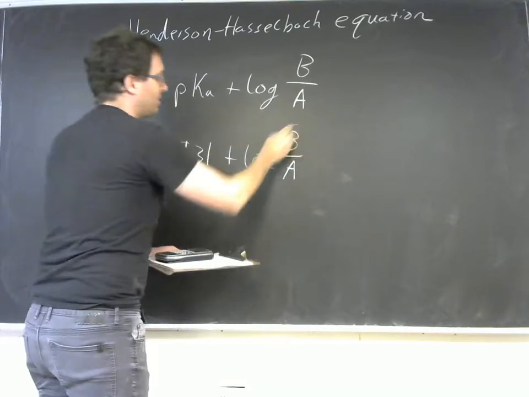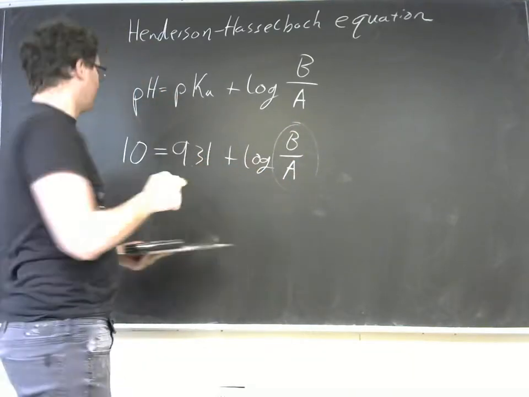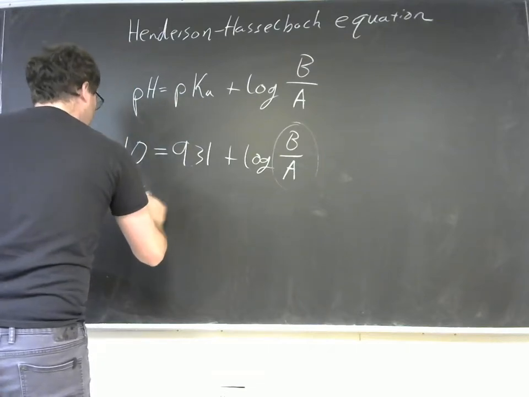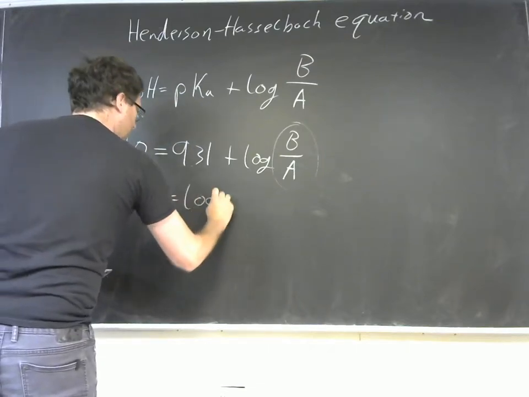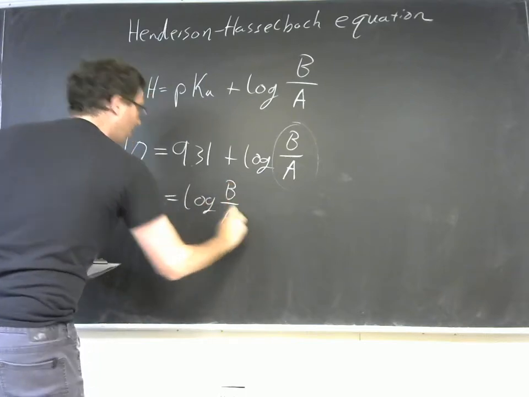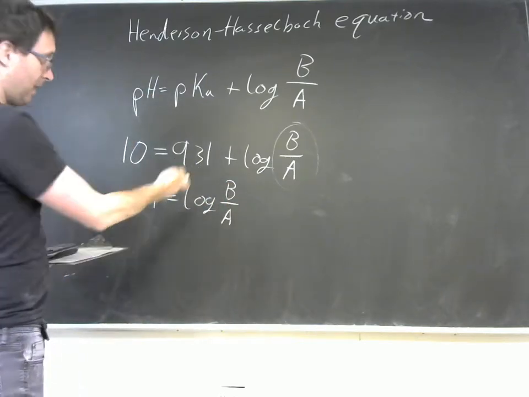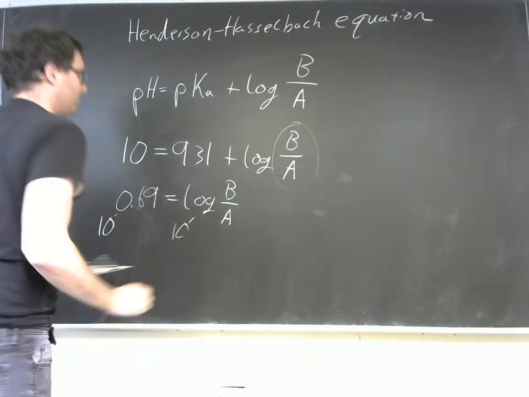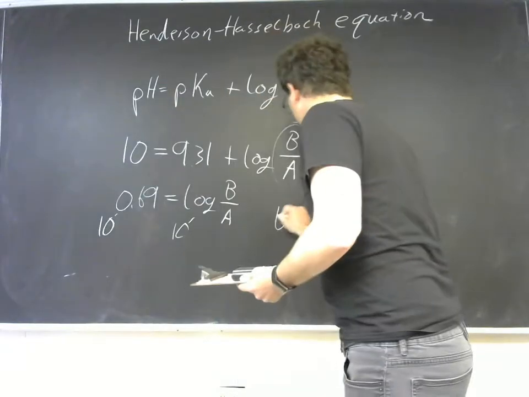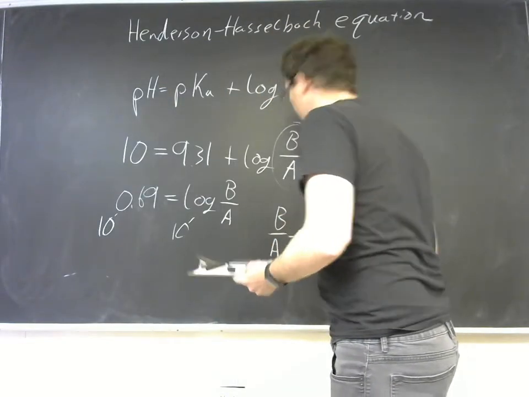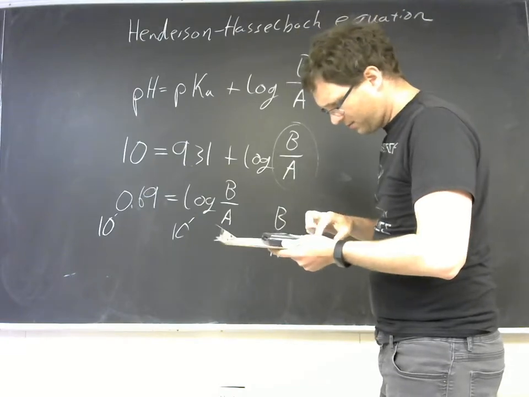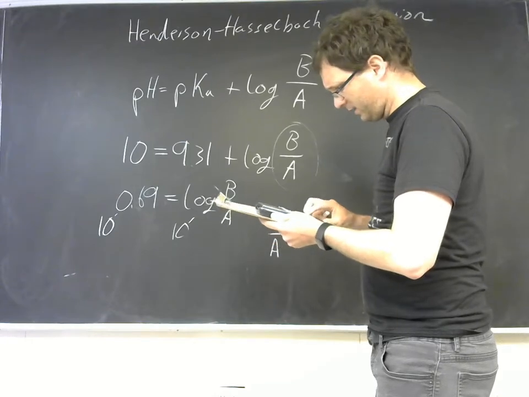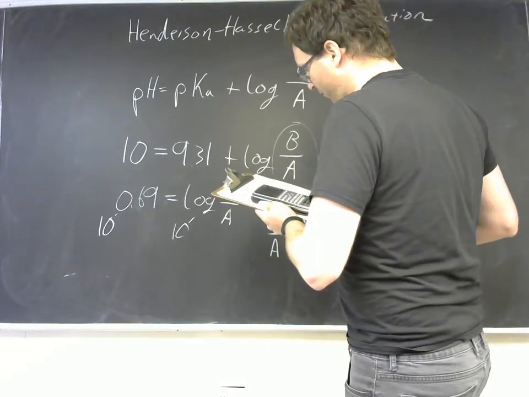I just need to solve for this ratio. So I'll take 10 minus 9.31. That's going to be 0.69. That's equal to the log of base over acid. And then in order to get rid of that log, I'll raise 10 to that power. And my ratio of base over acid then is going to equal 10 to the 0.69. It's going to equal 4.9.